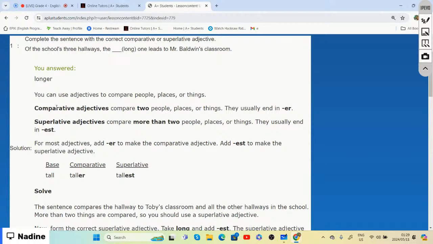A comparative adjective compares two people, places, or things, and it ends in er, whereas a superlative adjective compares more than two people, places, or things, and they usually end in est.